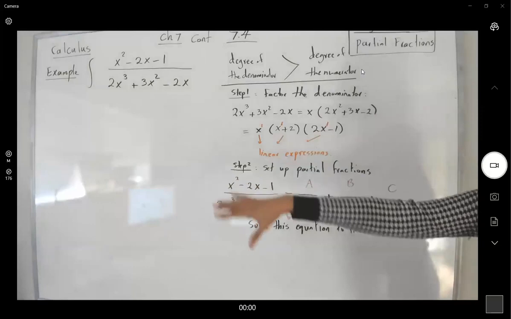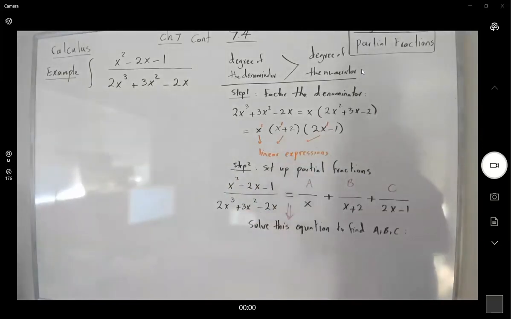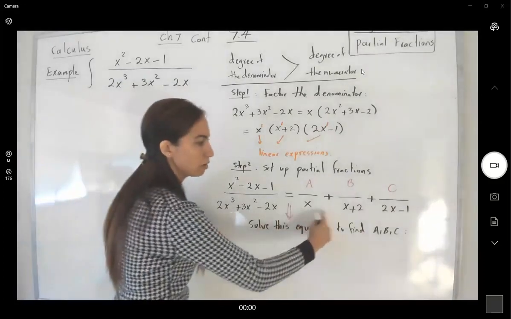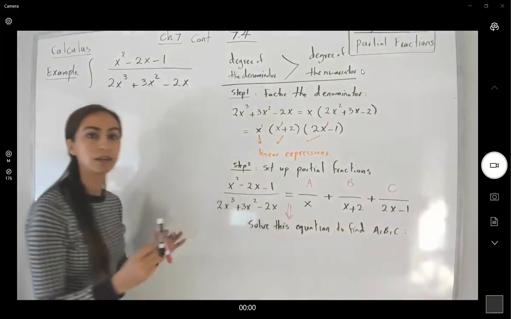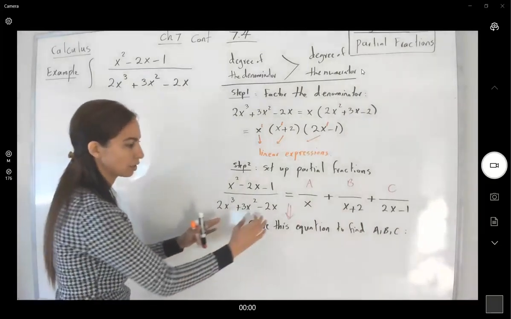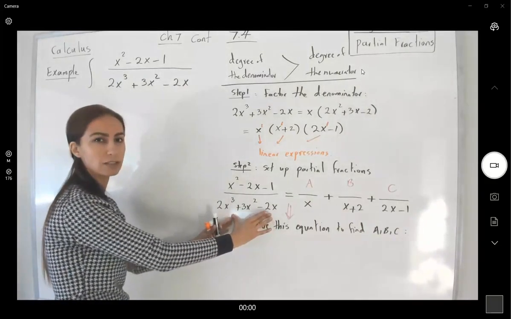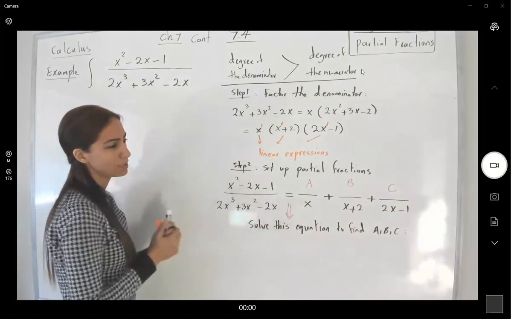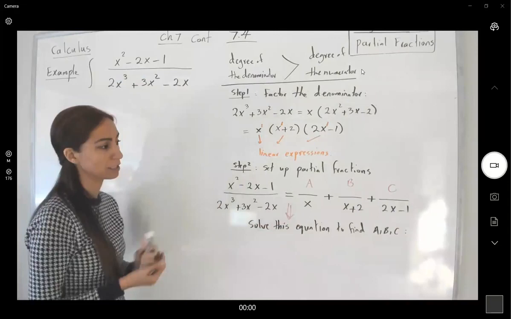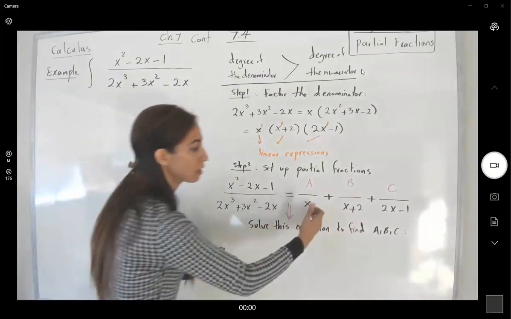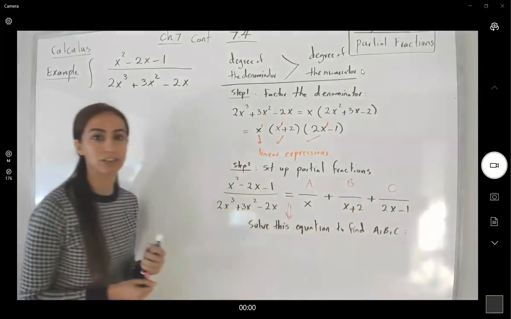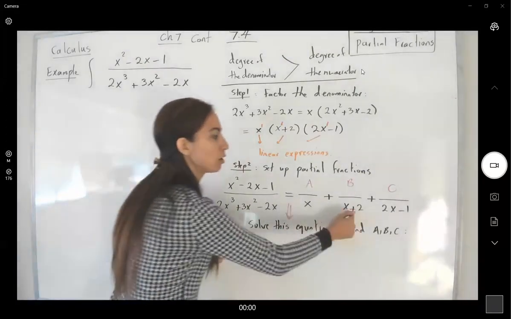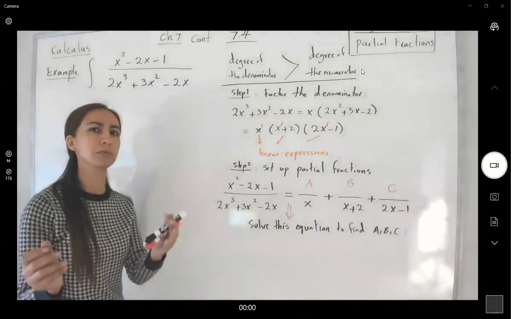I'm going to write that on the left-hand side. I need more space. If you multiply these denominators together, you get the original denominator. So what's the least common denominator for these three factors? The least common denominator is the multiplication. So what's the meaning of that?